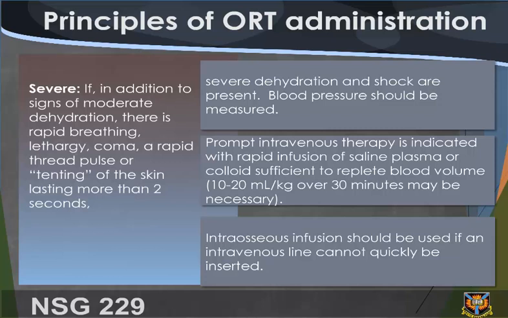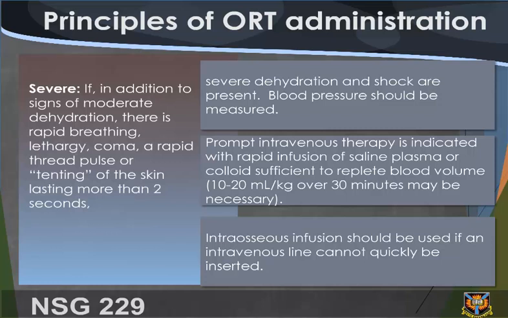Severe: if in addition to signs of moderate dehydration, there is rapid breathing, lethargy, coma, a rapid thready pulse, or tenting of the skin lasting more than 2 seconds, severe dehydration and shock are present. Blood pressure should be measured.